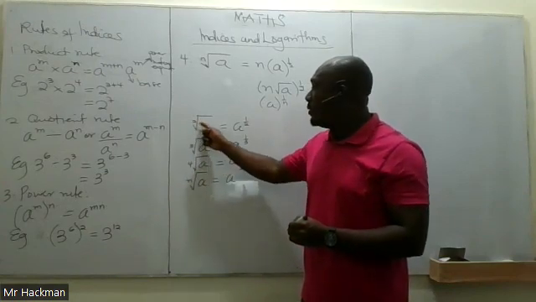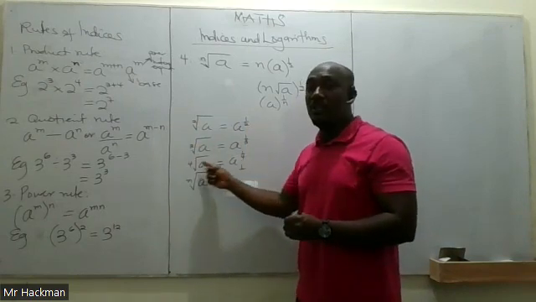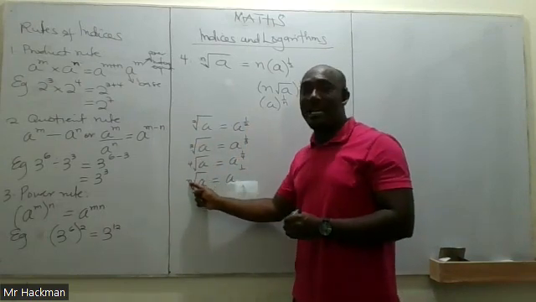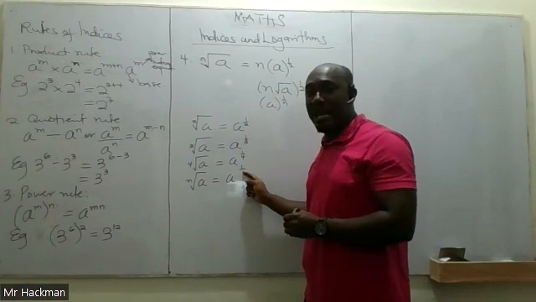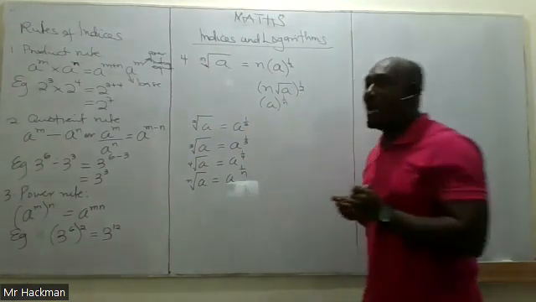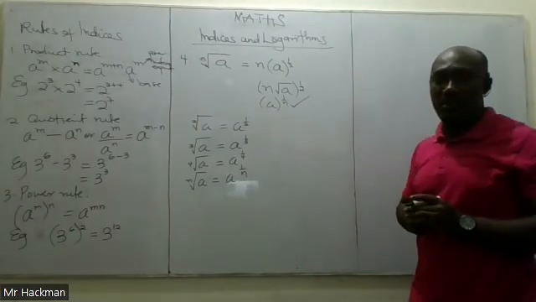When this is 2, the denominator is 2. When this is 3, the denominator is 3. When this is 4, the denominator is 4. So now that this is n, what will be the denominator? N. Okay, so I think you agree with me that this will be the best option to go for.